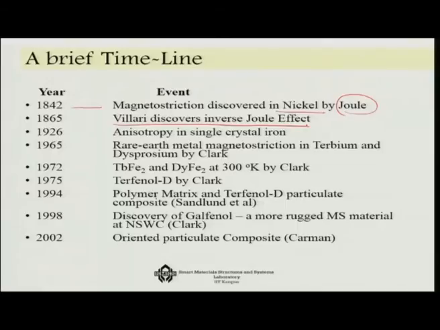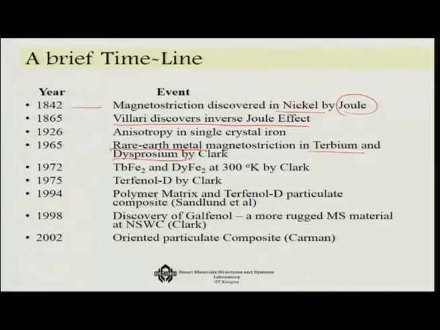In 1926, people were able to see this anisotropy in single crystal iron due to the development of material science. In 1965, for the first time, beyond the general ferromagnetic materials, people found magnetostriction in rare earth metals like terbium and dysprosium. This was initially found by Clark and other people at the Naval Ordnance Laboratory.